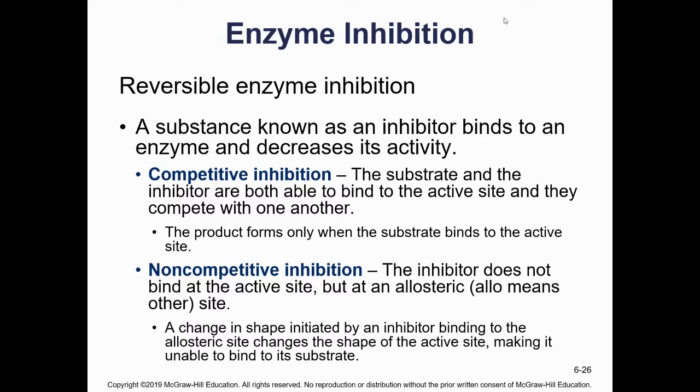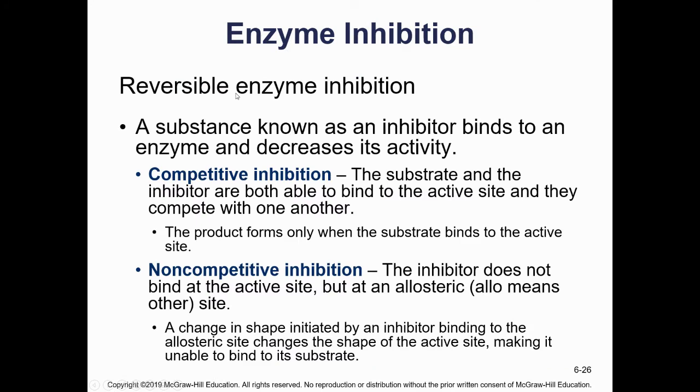Maybe I want to have a low level of that substrate present, so I can inhibit it. And I can do that two ways. I can create substances that are enzyme inhibitors, and some of those may be competitive inhibitors and some are non-competitive. What they're competing for is the active site.